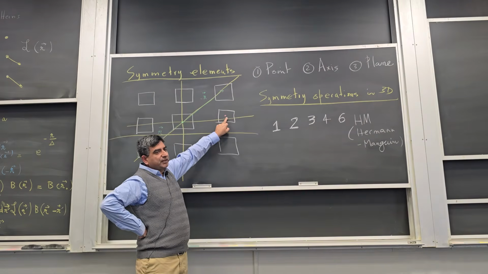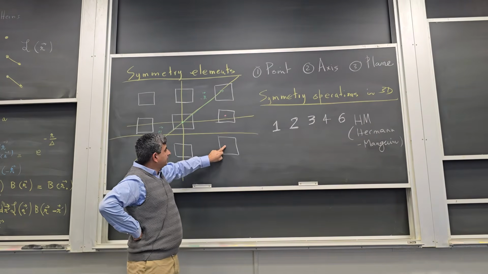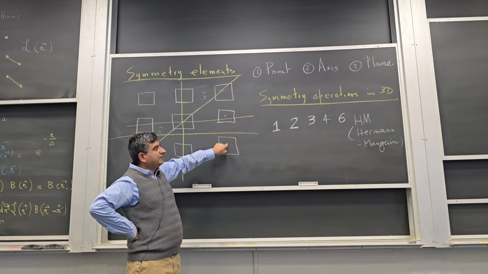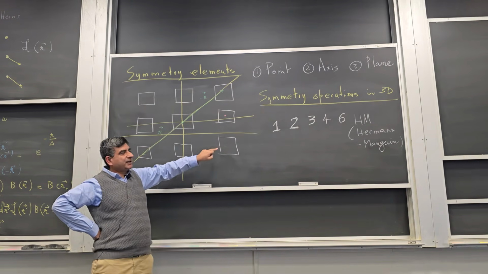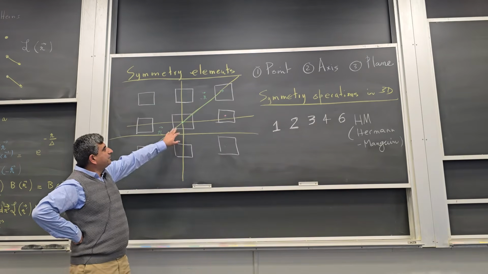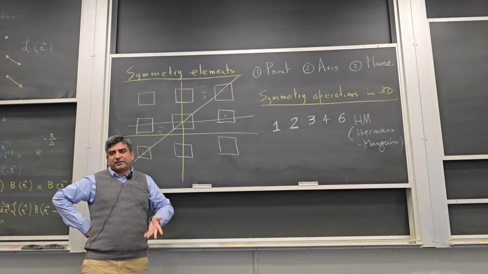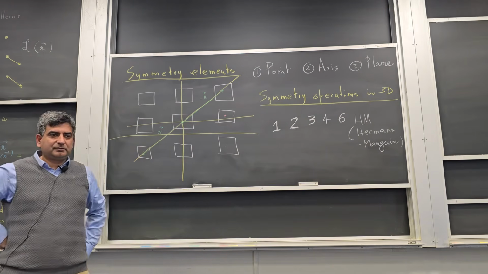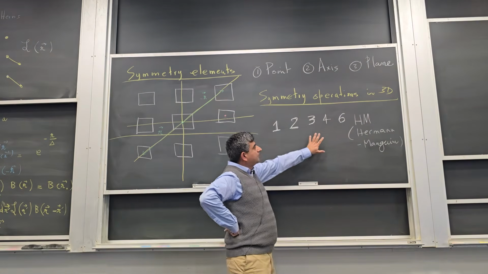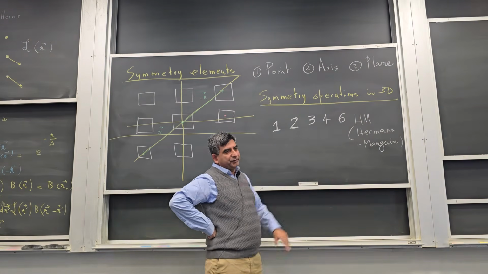This point is a 4-fold axis of rotation. This point is a 4-fold axis of rotation. Neither of these points is a 6-fold or a 3-fold axis of rotation. It's also a 2-fold axis of rotation. Every point is a 1-fold axis of rotation. Correct? So we have these 5 symmetry operations in 2D.